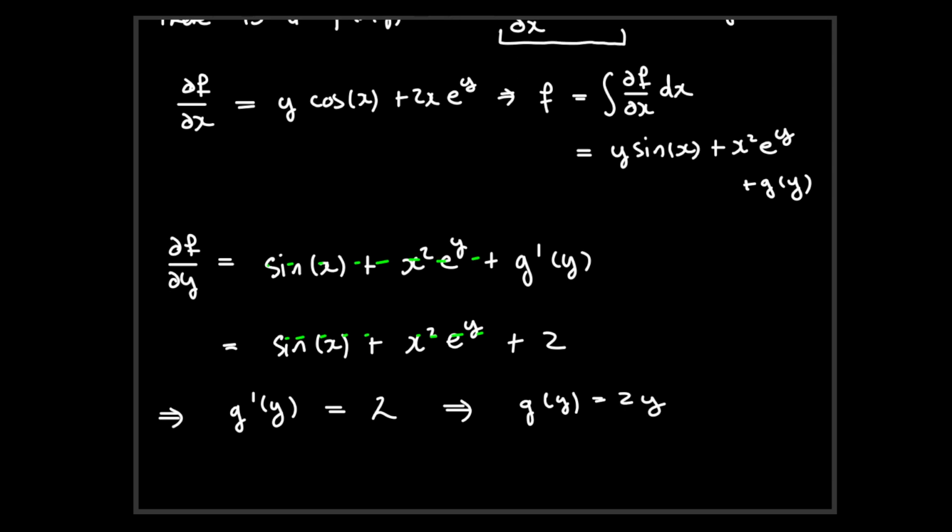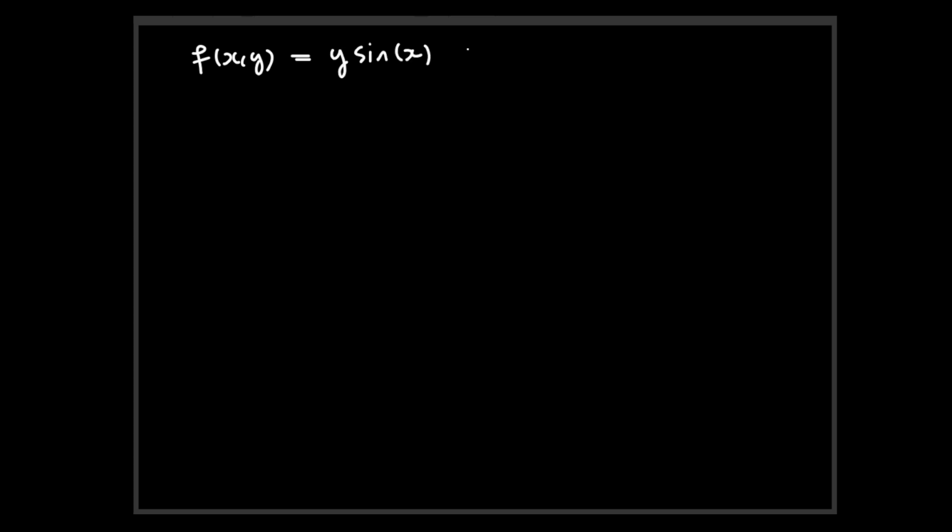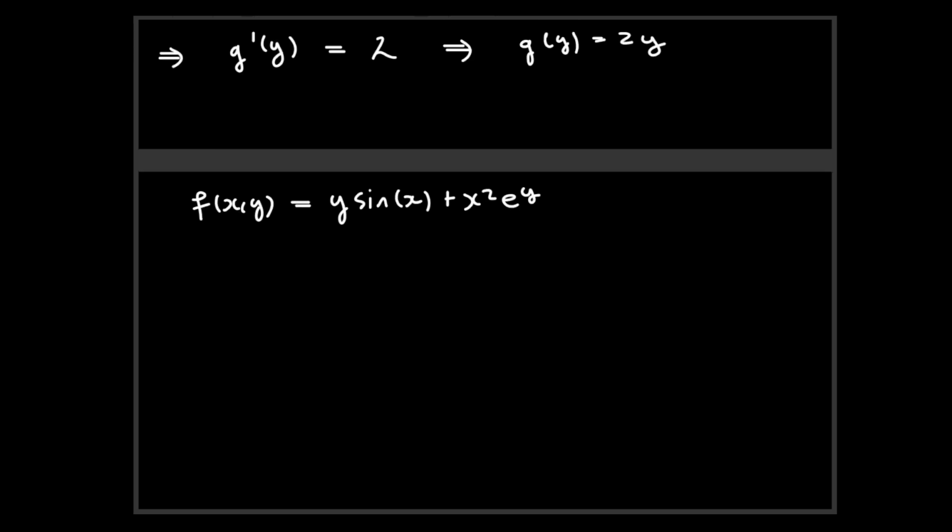This allows us to say that f of x, y can be chosen to be just y sin x plus x squared e to the y, if I remember. Let's just check.